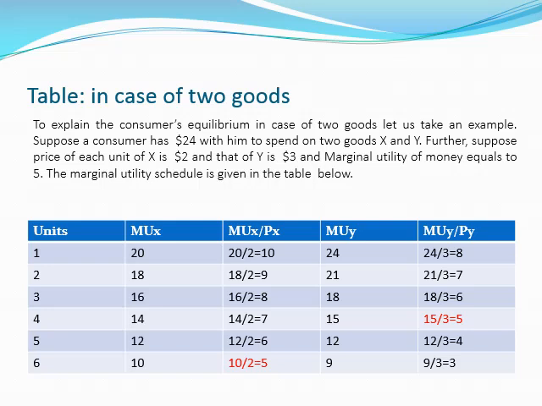The table expresses the consumer equilibrium in case of 2 goods.